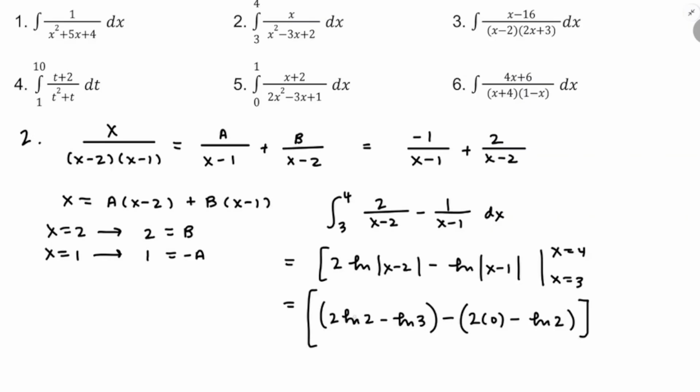Okay, so I'm seeing 2 natural logs of 2 plus another natural log of 2 is going to be 3 natural logs of 2 minus a natural log of 3. I think that's what the correct answer would look like if this was a multiple choice question. But I will also point out that we could apply log properties and write that as natural log of 2 to the third divided by 3, so that would be 8 thirds.